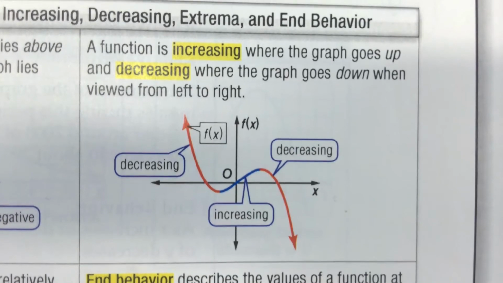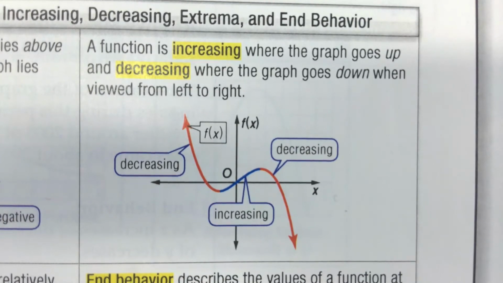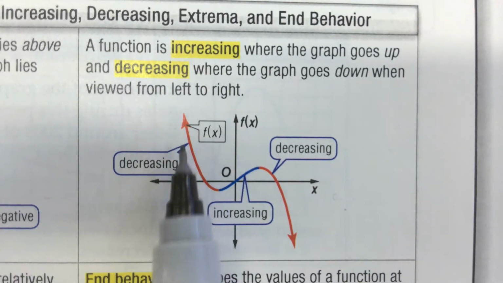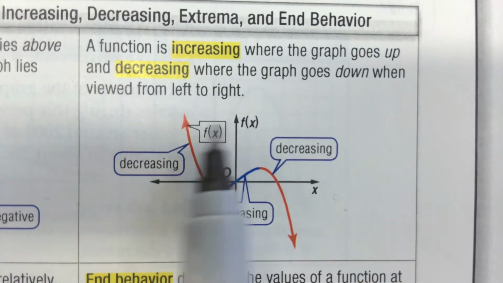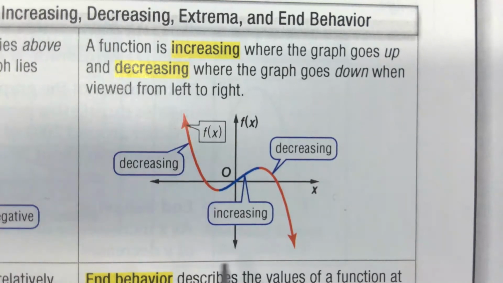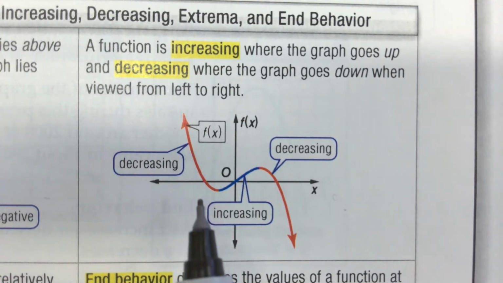Okay, increasing and decreasing. First off, it's very important you understand this. Graphs are read left to right. In this example, the red lines are decreasing because from left to right, they're going down.